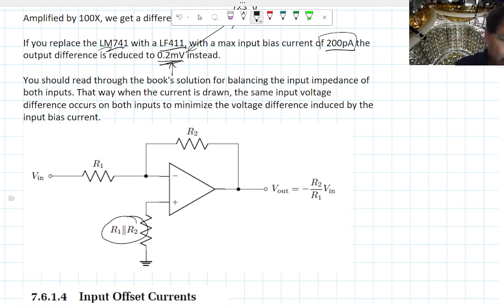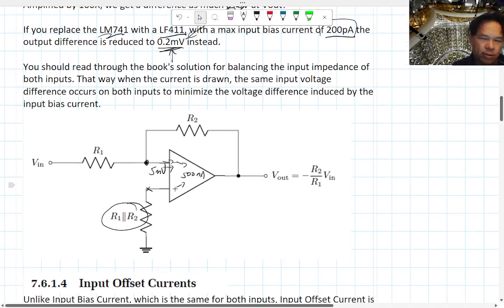Remember this input bias current is drawing current into here, and it's giving you this 5 millivolts at your inverting input. You can do the same thing here because the same amount of current will be drawn into your non-inverting input, and that'll give you the same voltage at the two inputs. That way you're setting both your non-inverting and inverting inputs at the same voltage, so therefore it doesn't amplify that. Okay.